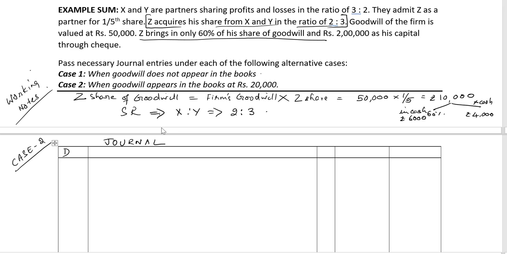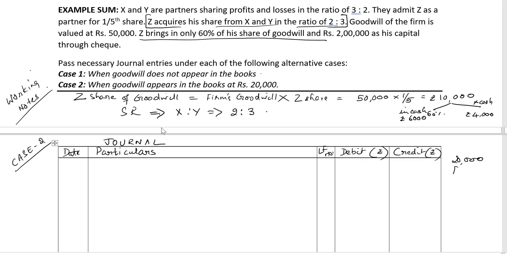Journal, date, particulars, LF number, debit rupees and credit rupees. Now, since goodwill is existing in the books at rupees 20,000, we will write it off among the old partners X and Y in their old profit sharing ratio.